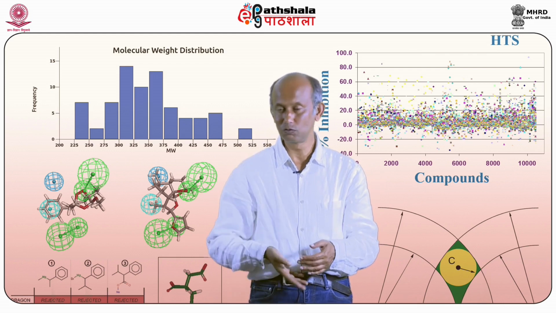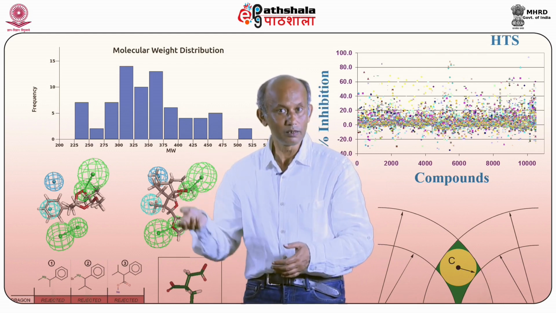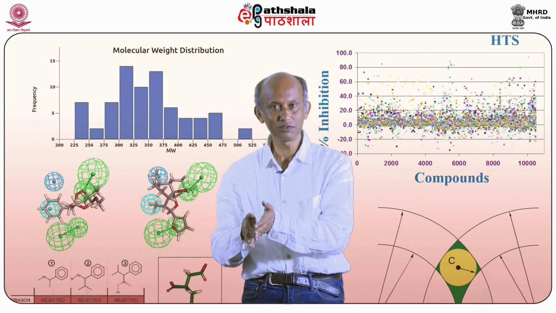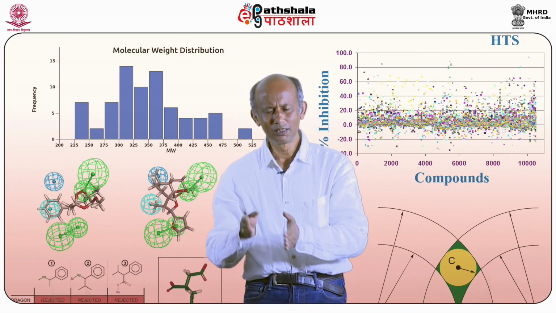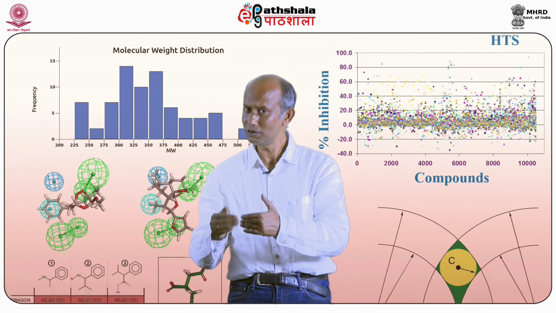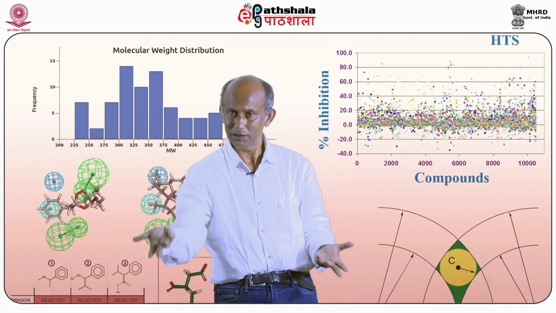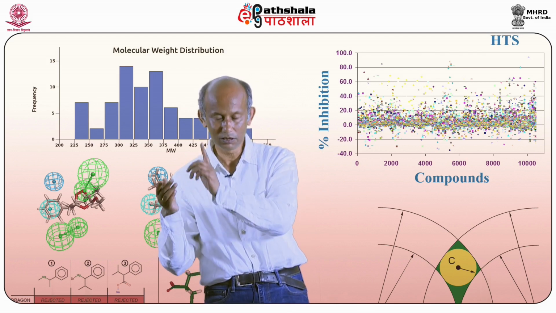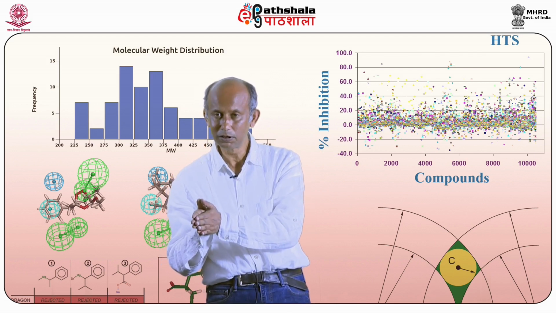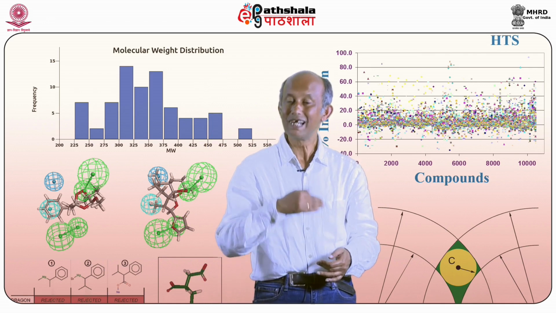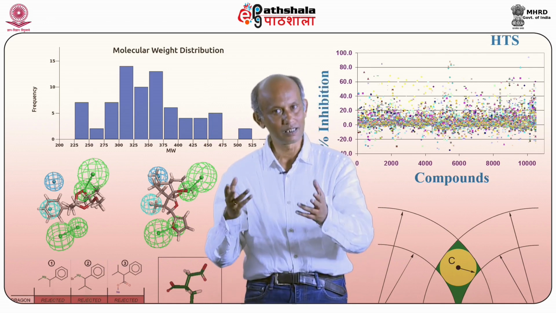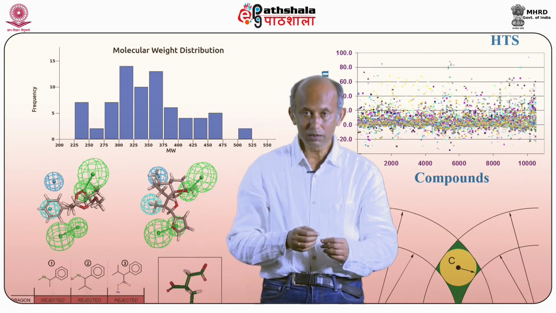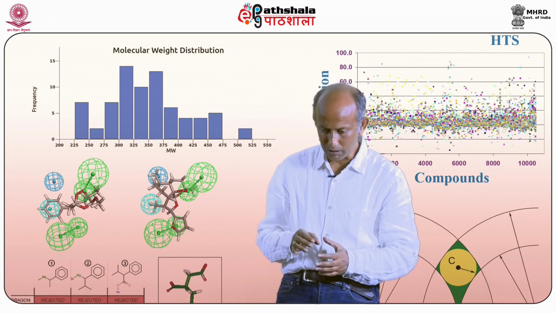While BLOSUM 62 or BLOSUM 90 are used for sequences which are 62 or 90% similar to each other. So higher numbers mean more sequence similarity in case of BLOSUM, while higher numbers mean less sequence similarity in case of PAM.